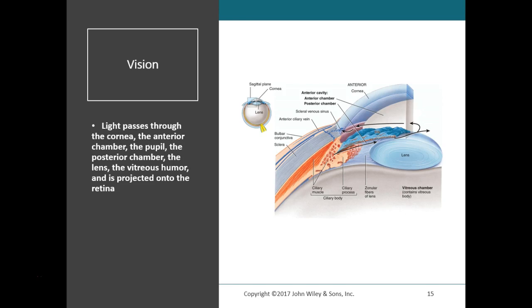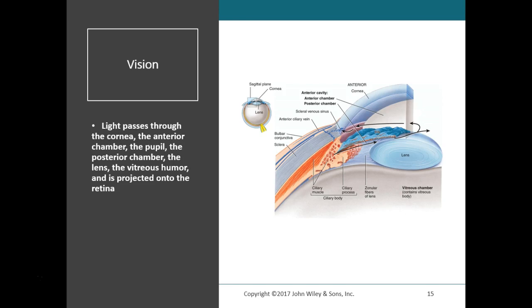So it's between the lens and the retina. Remember, the retina is that inner lining of photoreceptors. Within the vitreous chamber, we have what is sometimes called the vitreous body or vitreous fluid. It's a transparent, jelly-like substance that pushes against the retina and holds it against the choroid, so the retina has an even surface for receiving those images as those light rays come in.